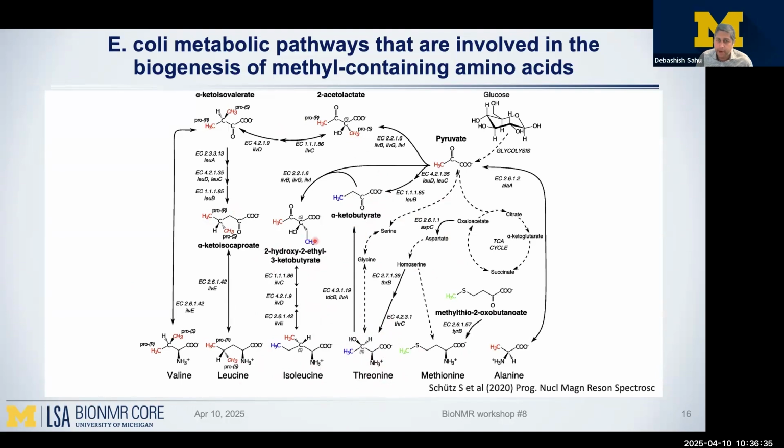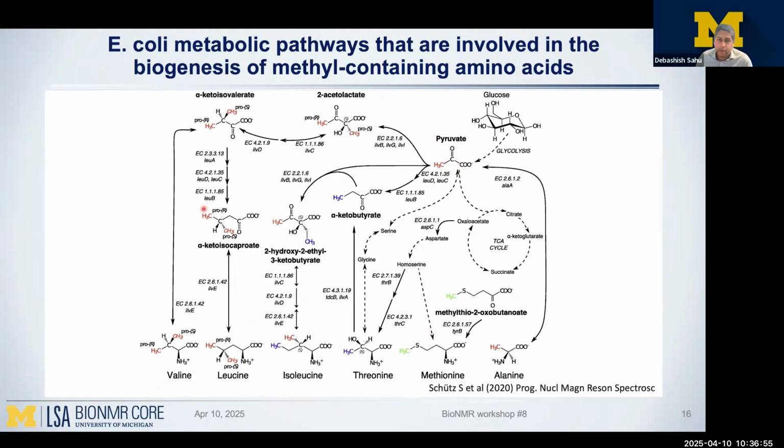If you use this particular metabolite, you can then just label isoleucine. If you use this metabolite, you can label leucine. Again, you can use either one of these two to label valine, methionine. You can use this particular metabolite, and then alanine you can label by using a pyruvate.